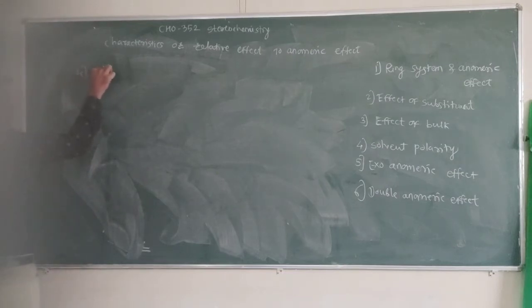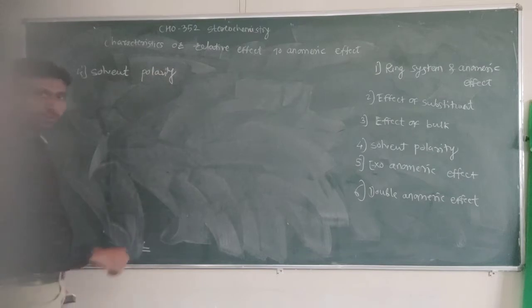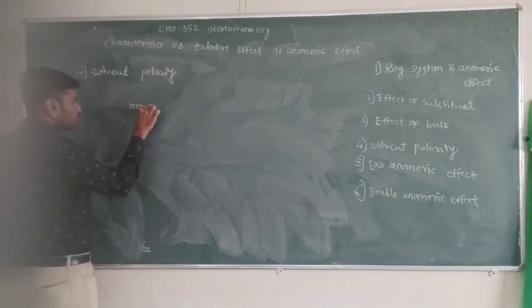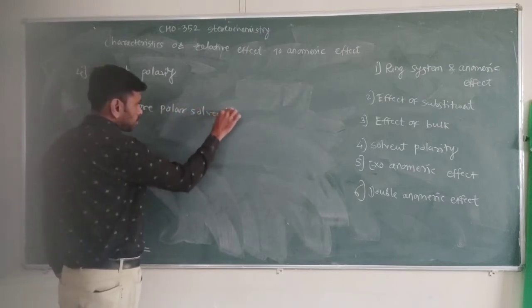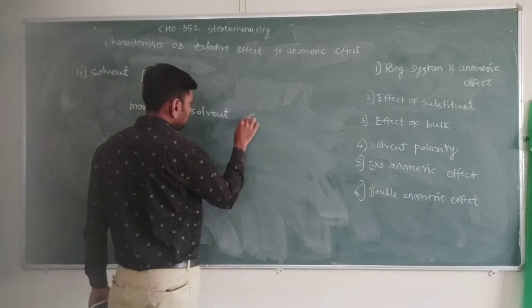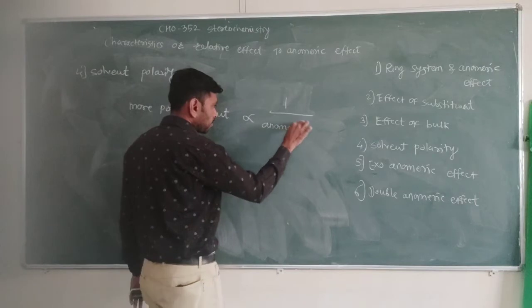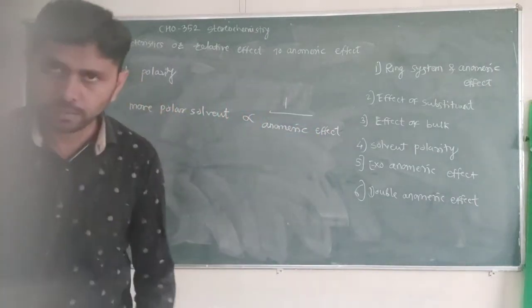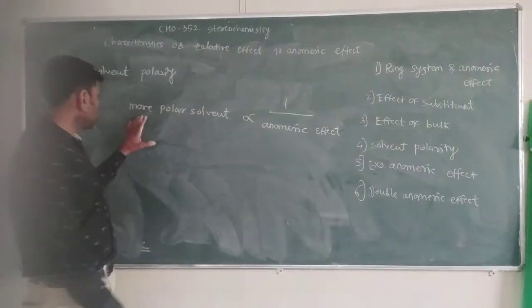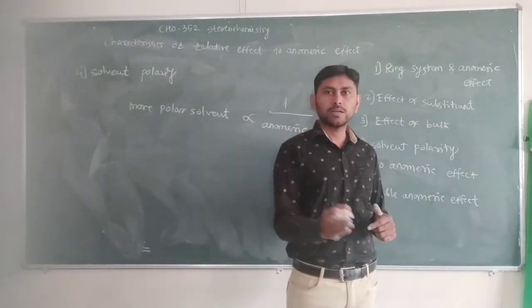Solvent is very important in the case of the anomeric effect, because the more polar the solvent, the less the anomeric effect. The anomeric effect is less in a more polar solvent. If solvent polarity increases, the anomeric effect goes on decreasing.